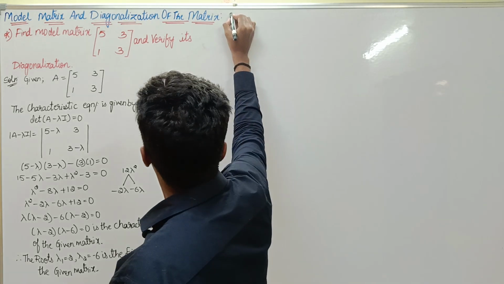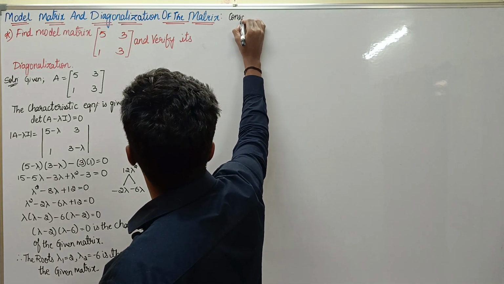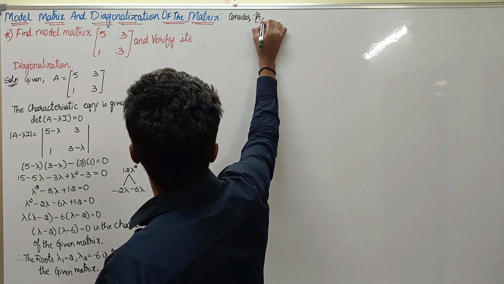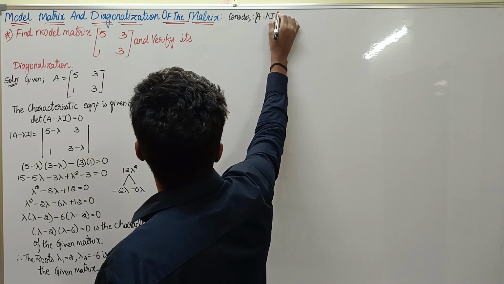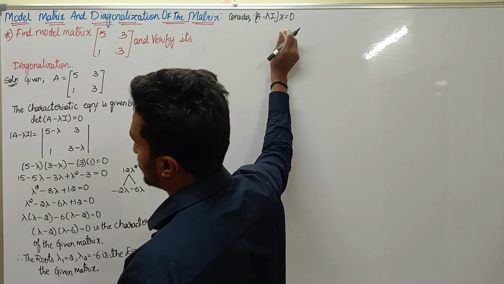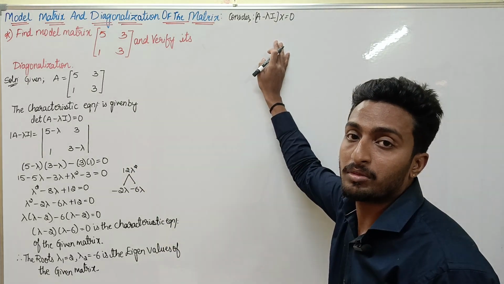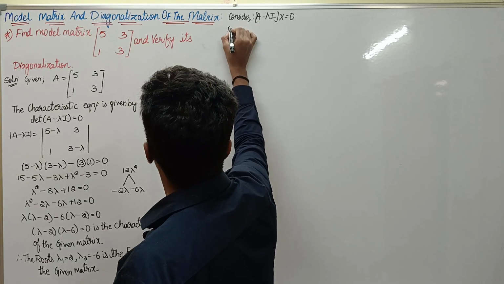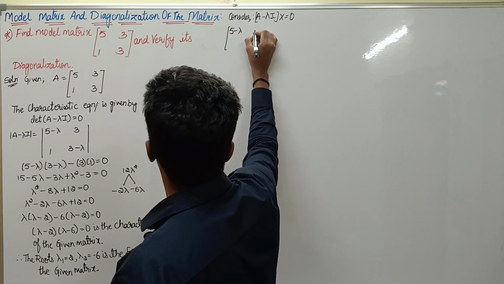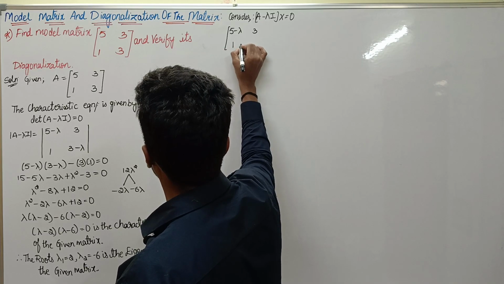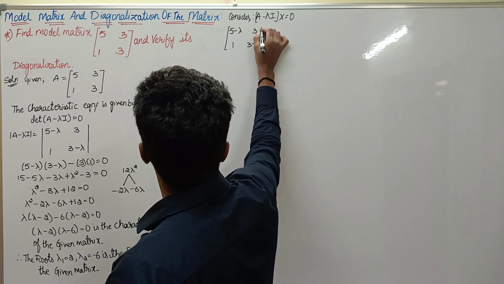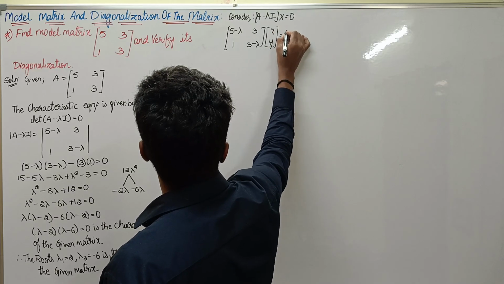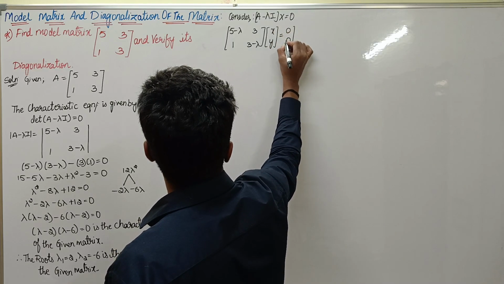Now, considering these eigenvalues, we are going to find the corresponding eigenvectors. Consider A minus lambda I into X equal to 0, where X represents the unknowns. That is, 5 minus lambda, 3, 1, 3 minus lambda, into x, y, equal to 0, 0.